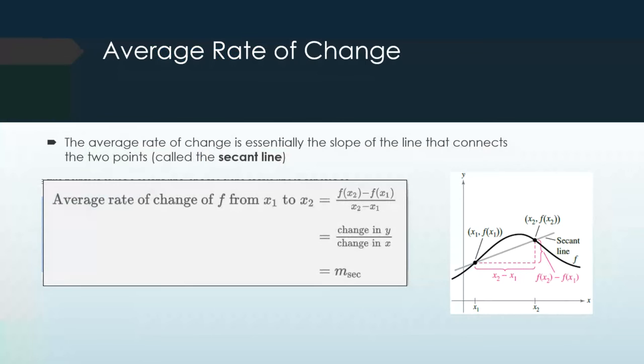They call that line the secant line, so you can see on the picture what that means, which means you can find the slope even if your graph is not a line. The abbreviation is m sub sec, which stands for secant. They use m because it is basically just a slope, a slope of a different kind of line. So when you're finding the average rate of change between two things, you just use the slope formula.